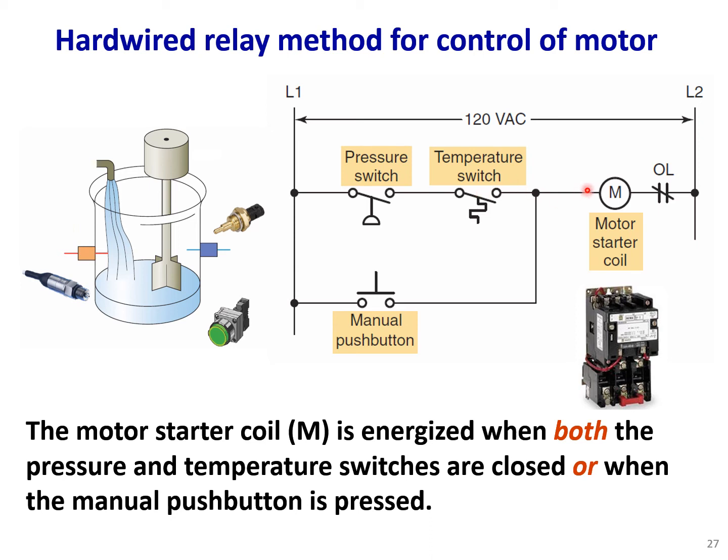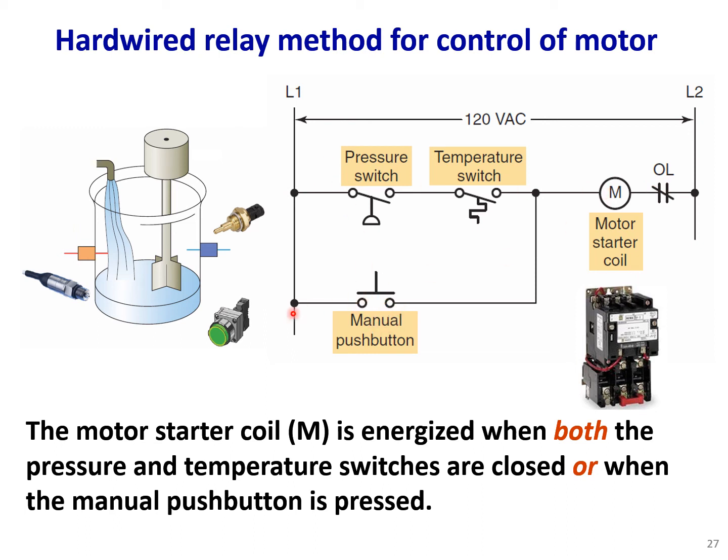If that happens, then the motor starter coil will be energized and the motor will start. What is the voltage? It is 120 volt AC. Or we could manually start our motor by the manual push button.